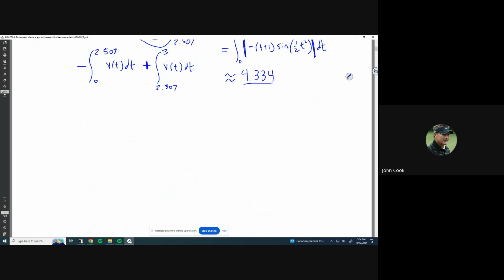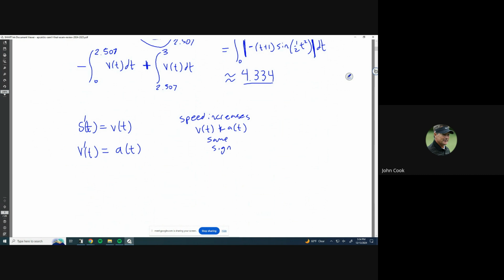But again, the main things you want to pick up from this: the position function, if you take the derivative, gives you the velocity. If you take the velocity function's derivative, it gives you the acceleration. Speed is increasing when the velocity and acceleration have the same sign, either both negative or both positive.